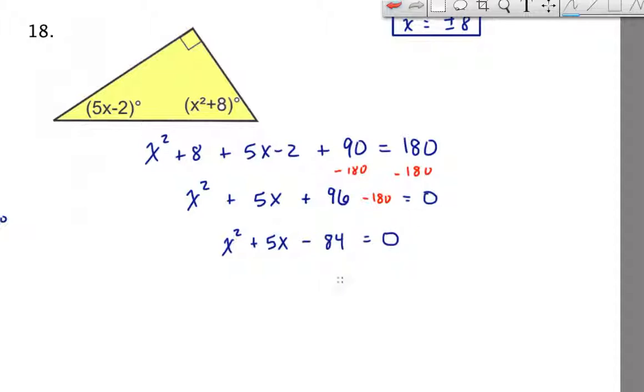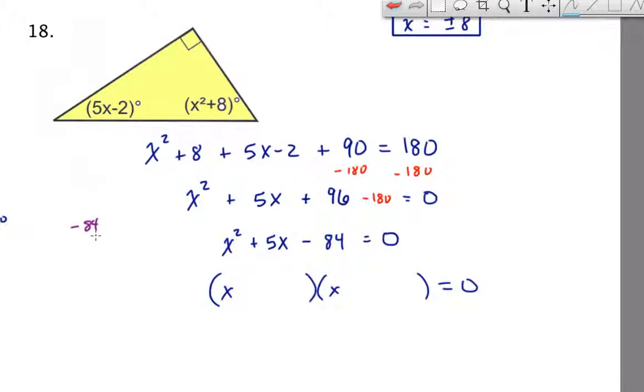All right, what do we do with this now? Factor. So we put x and then plus negative. We need to find the factors of 84 that add up to be 5.